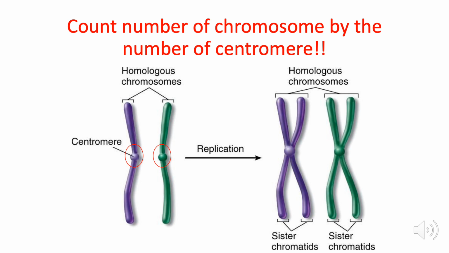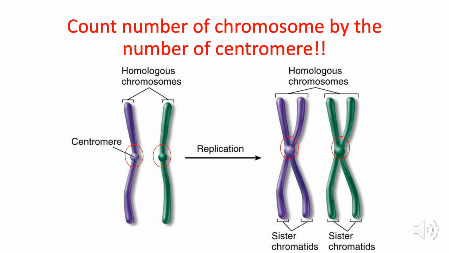You do not mind how many arms are there, you just simply count the number of centromeres. Let's take a look at the duplicated chromosomes on the right side of the screen. If you will be asked how many chromosomes are present, again, just count the numbers of centromere. So for the duplicated chromosomes, you still have 2 chromosomes because basically you only see 2 centromeres.